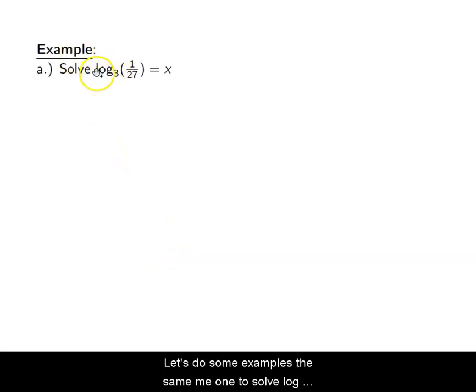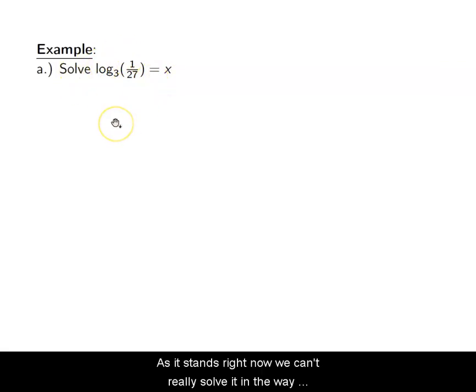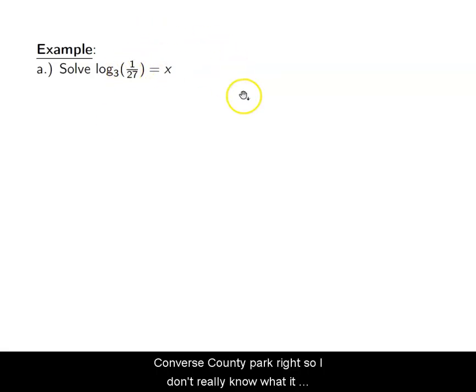Let's say we want to solve log base 3 of 1 over 27 equals x. As it stands right now, we can't really solve it in the way that it is. When we're dealing with logarithmic functions and exponential functions, a lot of times we have to use their inverse counterpart. I don't really know what it means to plug this into a calculator.